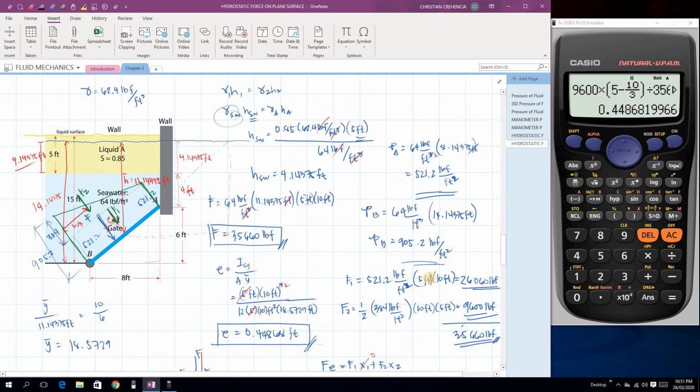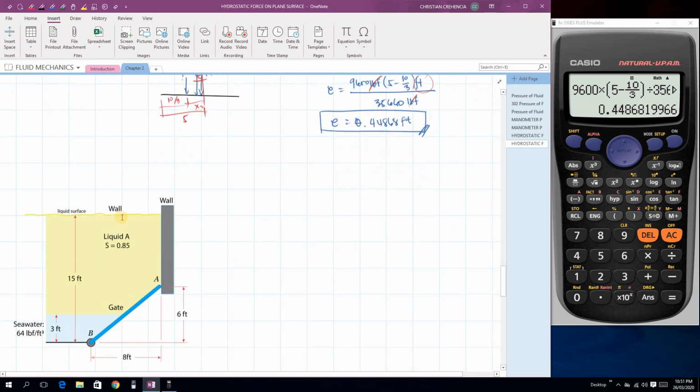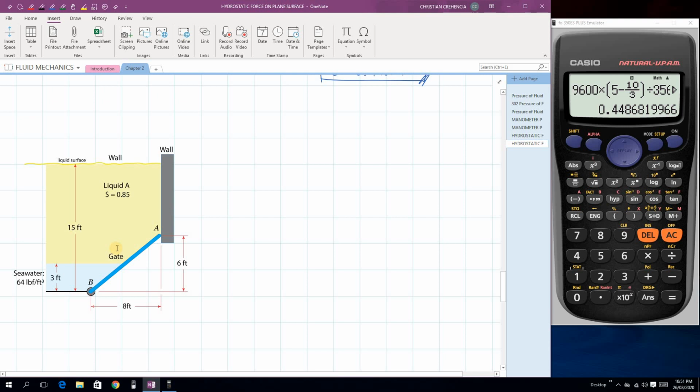Parang mas mahaba itong second solution natin, pero yung ganitong in terms of pressure diagram is mas ma-appreciate natin, no? Yung katulad dito sa next example natin, na dalawang liquid yung naka-touch or yung nagsasubmerge dun sa isang plane or isang surface natin.